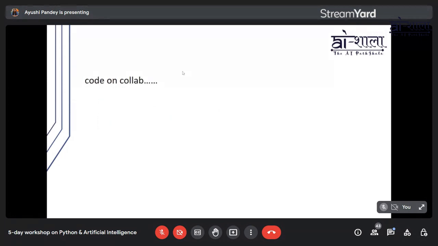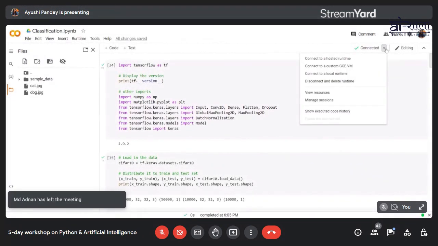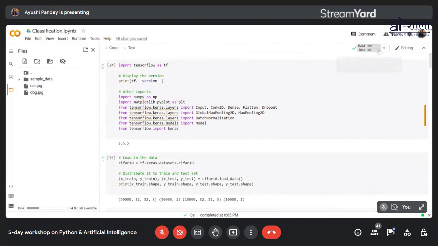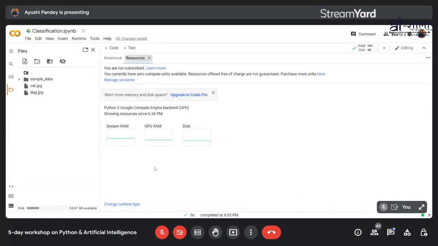Now I will show you on Colab. Colab is by Google, and in this our system resources are not being used; the resources of Google are being used.